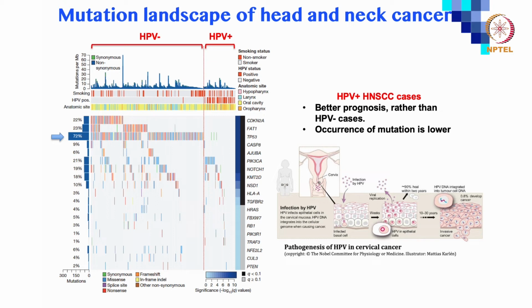On the other hand, around 80% of head and neck cancer cases are HPV negative. In HPV negative cases, TP53 is most frequently mutated.